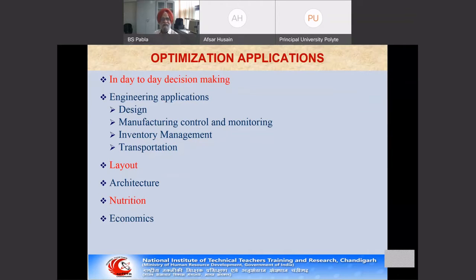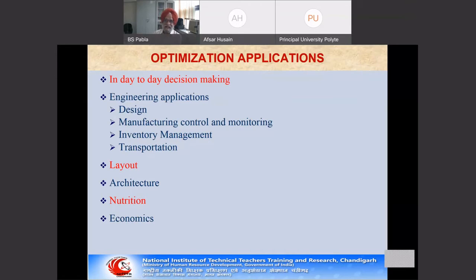So every day, in everyday life, in your kitchen, in your home, in your travel, you do make optimization decisions. In our engineering applications, we make decisions based on optimization in engineering design, manufacturing control and monitoring, inventory management, transportation, and whatnot. Everything, every day, in every instance, in every activity, we are trying to optimize it.